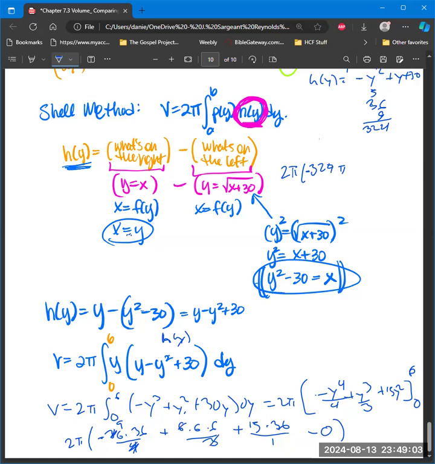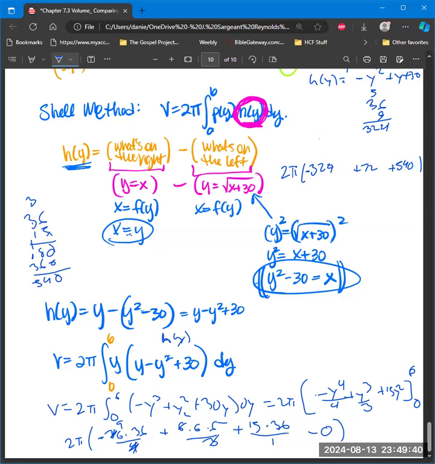And this is 36 times 2 is 72. And then 15 times 36 is 30, 180, 36, 14, 540. And we don't need the pi's.